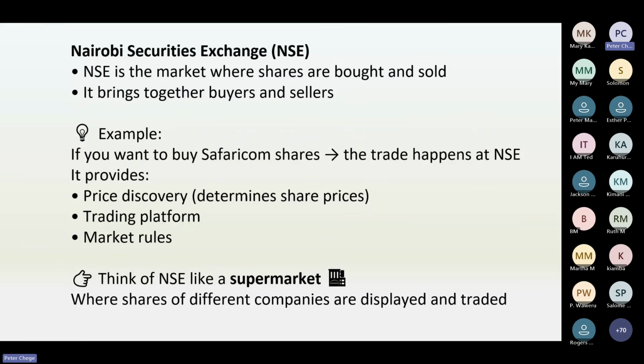This is where now it's a market like Yokomba, where shares are sold and bought. CDSE and NSE don't know your shares. They don't know Peter has how many shares. They only know NSE is trading at this price. They only know Safaricom is trading at this price. So NSE knows the prices, not the shares you hold.